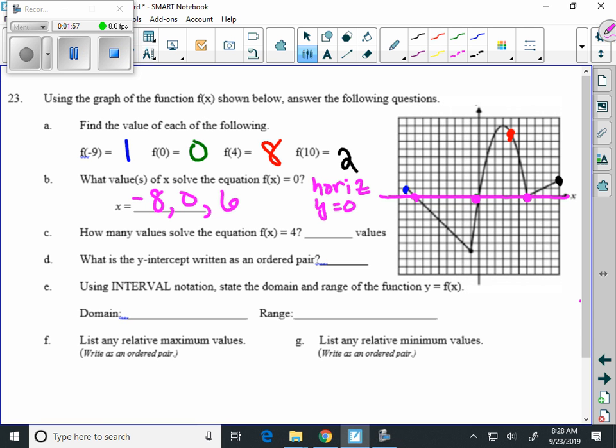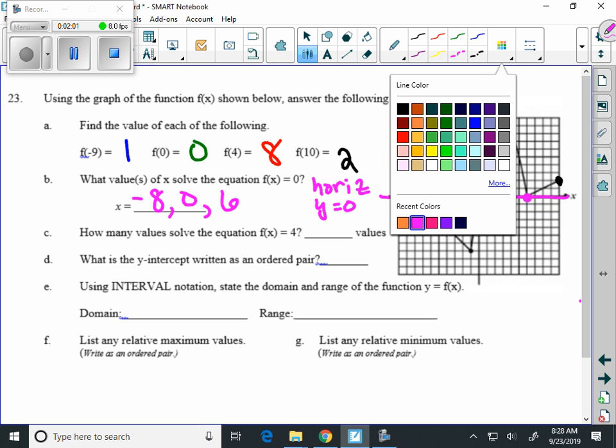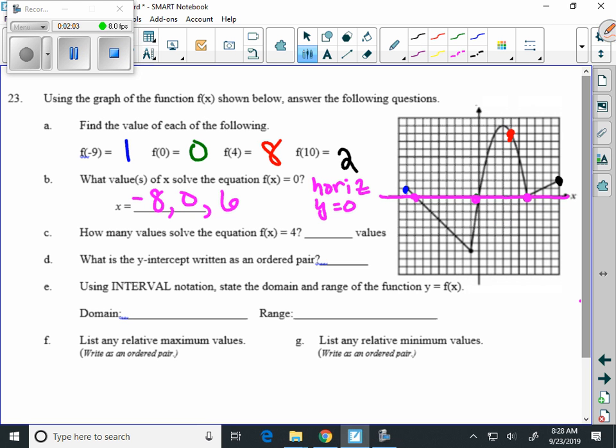It says, how many values solve the equation f of x equals 4? Well, remember f of x equals 4 is the same thing as y equals 4. We're not looking for the values. We want to know how many. So 1, 2, 3, 4. And I'll move this up here.